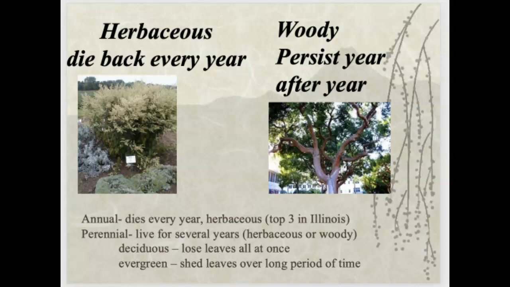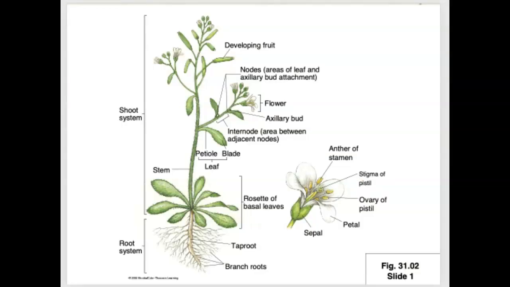So, okay, general plant structure here. Roots and shoots. The root system kind of goes without saying. It is this portion of the plant, the shoot system, this portion of the plant. Now, roots generally, and I want to stress this, generally are below ground.